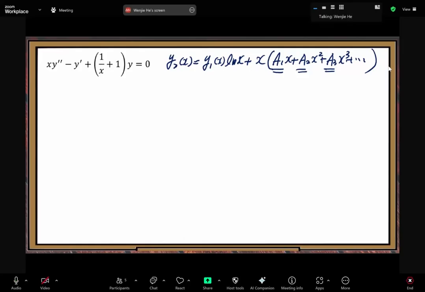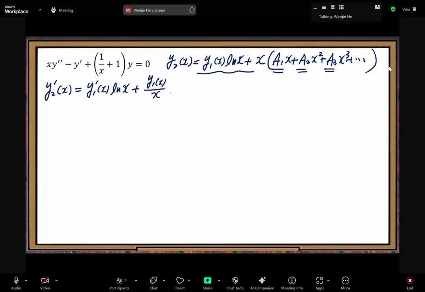All right. First, let's take the derivative. Two parts' derivative. Hope it's not too complicated. So y2 prime of x equals y1 prime of x times natural log, then plus the natural log derivative, so that's y1 over x.